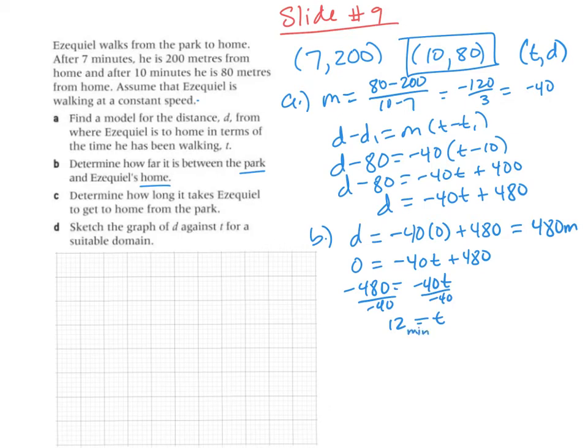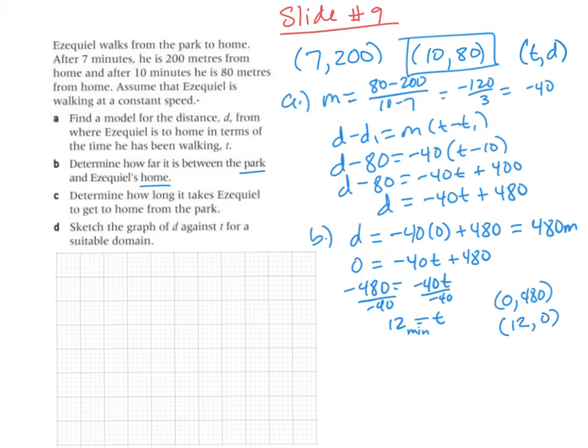Okay, so what that tells us, let's go ahead and write down the intercepts. So when the time is 0, he's 480 meters from home. And then when the time is 12, that's when he's 0 meters from home, okay?